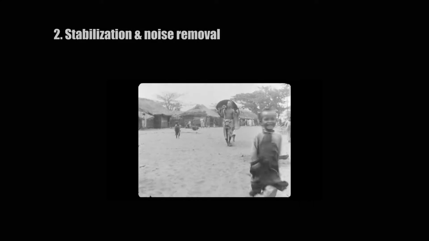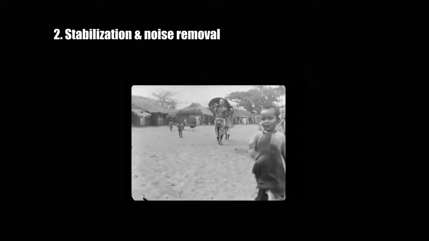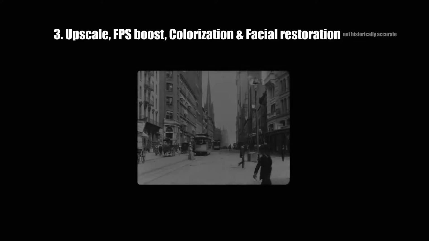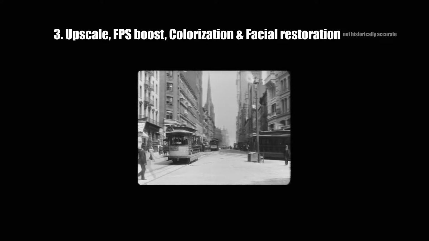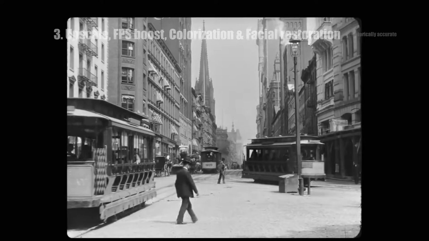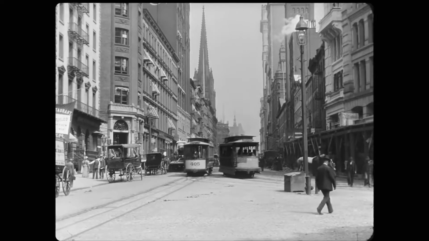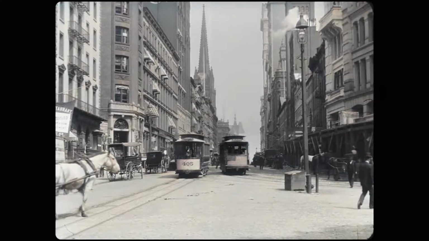And then I also applied stabilization to some of the films, removed noise where it was needed and corrected some film damage when possible. Then, with the help of different neural networks, I did some steps you know well if you have been following my channel. First, I upscaled every frame to 4K resolution, then I generated 4 times more frames per film to achieve 60 frames per second playback, and then restored a realistic playback speed for the video.